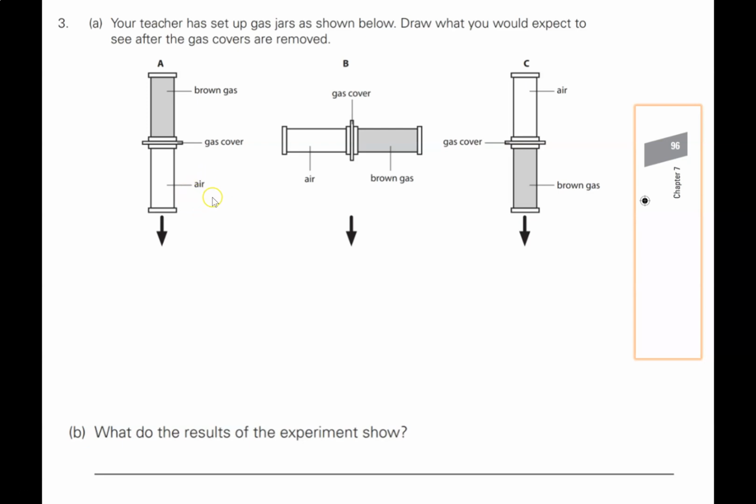Air is not visible to the naked eye, but it will also be able to diffuse upwards in the case of A, diffuse to the right in the case of B, and C, diffuse downwards, because gas particles are able to diffuse in all directions.